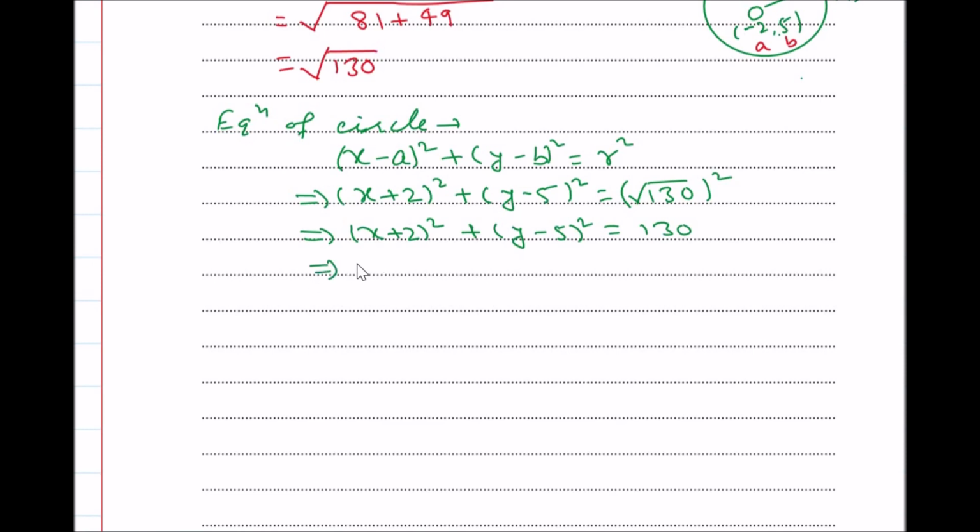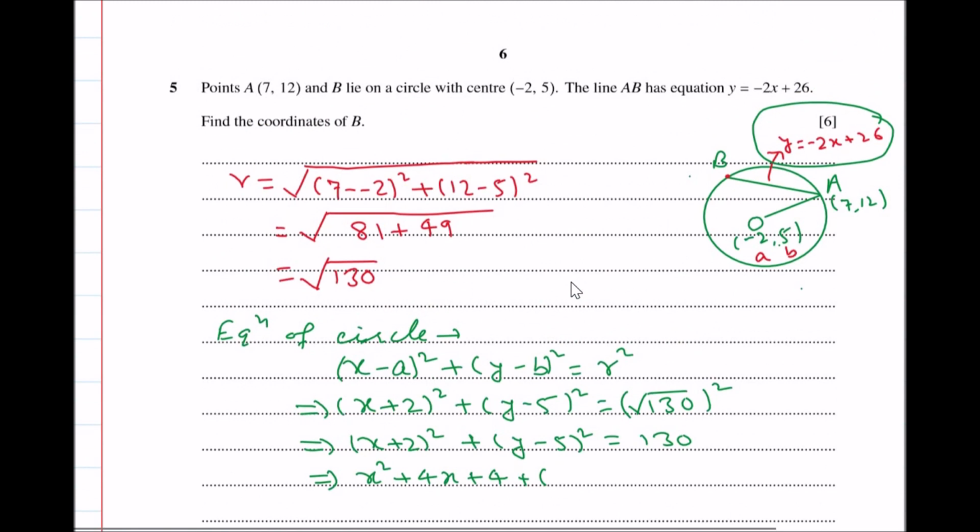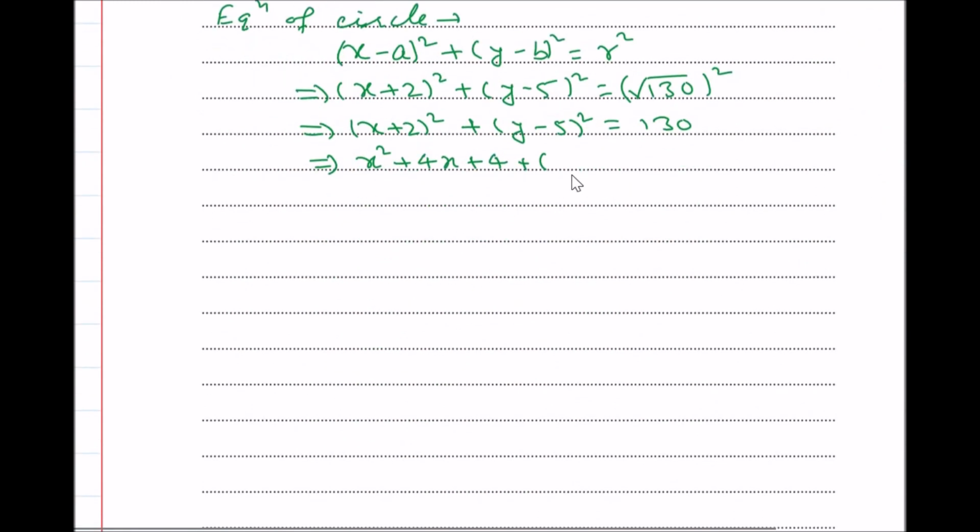Before that, we can expand the bracket. x square plus 4x plus 4, plus y, which is minus 2x plus 26, minus 5, whole square, equal to 130.